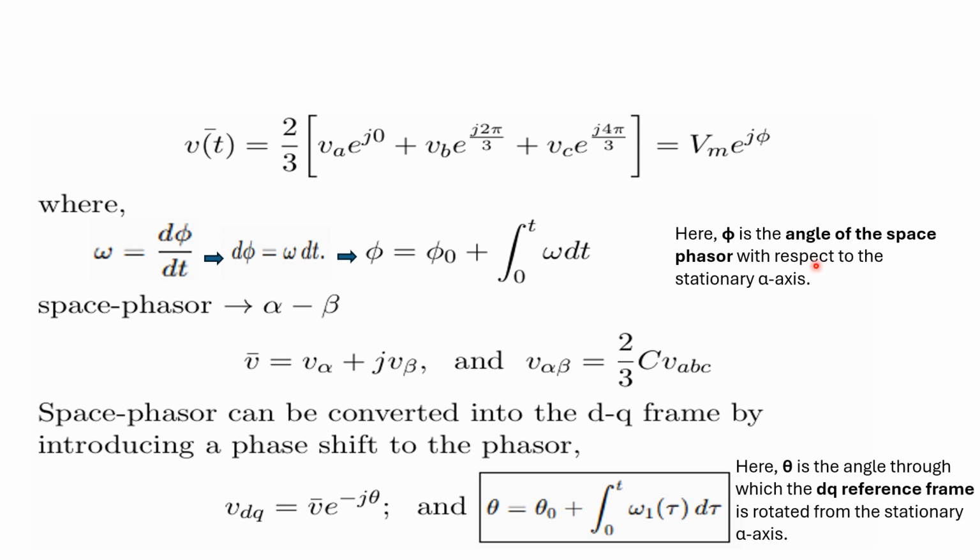Both represent the angle of rotation, but one is space phasor and the other one is dq frame.